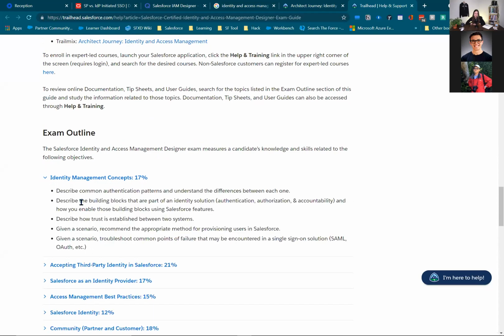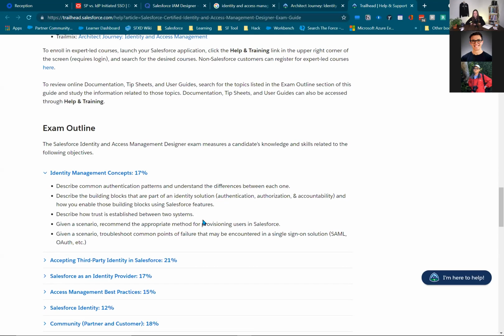And each topic has some bullet points. What I usually do is read word by word and check if I actually understand everything they listed here. If I don't, I just Google it. Because Salesforce is so good at documentation, you can find all the documentation related to these topics very easily, and just read through them maybe several times, because a lot of things may not make sense at all the first time you read them.